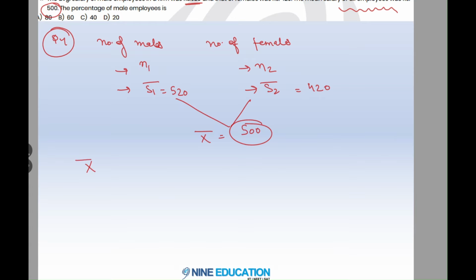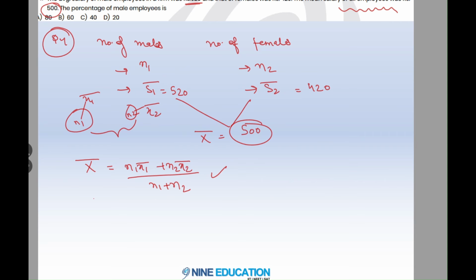Now, the total mean X bar is given by N1 into X1 bar plus N2 into X2 bar divided by N1 plus N2. If there are two groups having N1 persons, N2 persons, X1 bar as mean, X2 bar as mean, then the combined mean is given by this particular formula. Therefore, X bar, which is given in the question, is 500, which implies 500 is equal to N1, we don't know, times X1 bar, the salary of the males, 520, plus N2 times the salary of females, 420, divided by N1 plus N2.